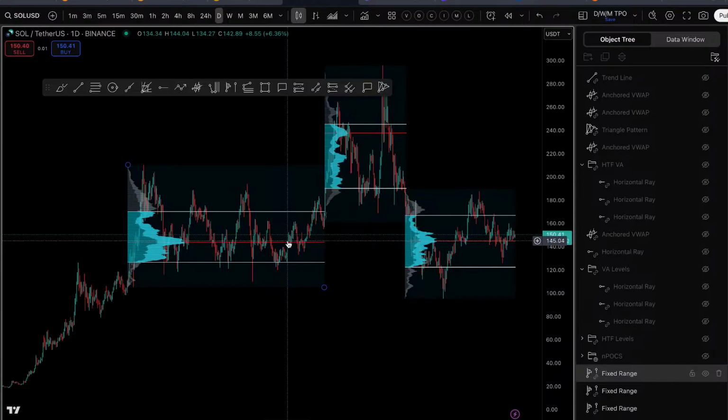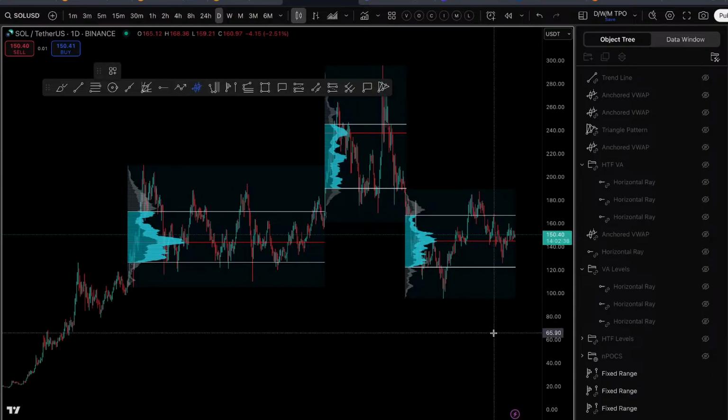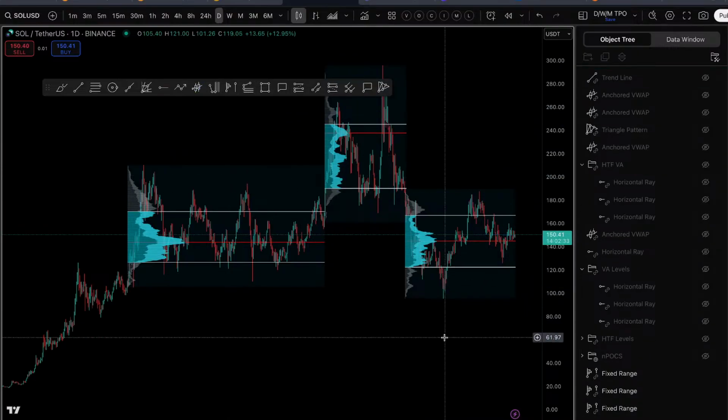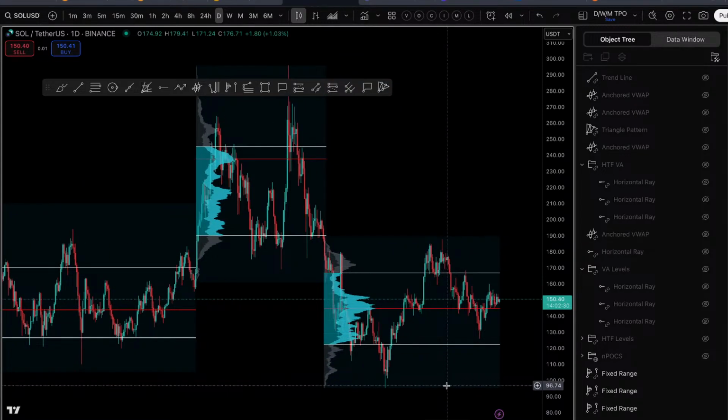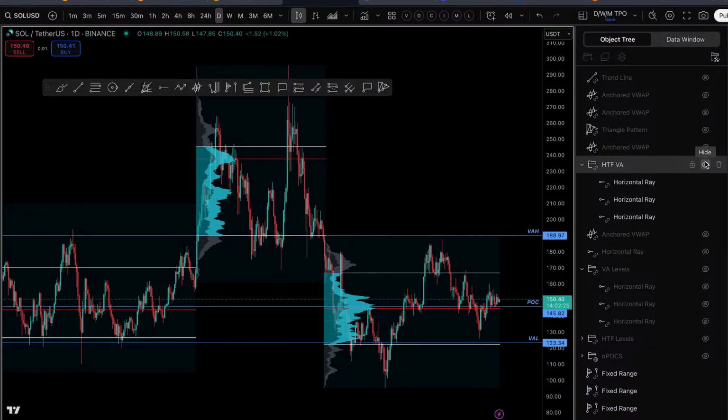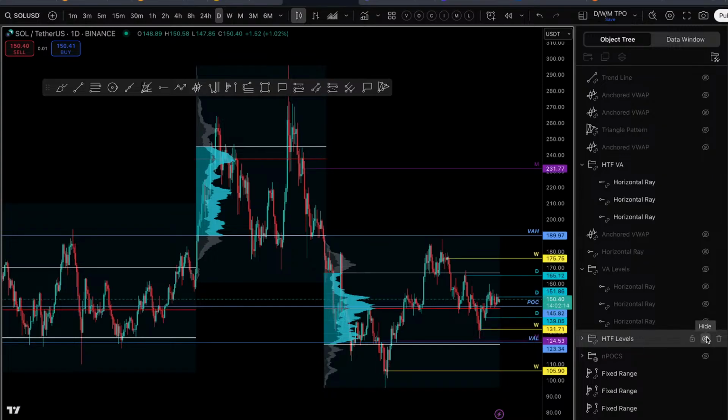Again, this is the same point of control as before. This is a very important level in all cases, and the price is also constricting. We have also a value area from here. Sorry, anchored VWAP. So even in this range, this is an important low, and high time frame levels. Yeah, okay.